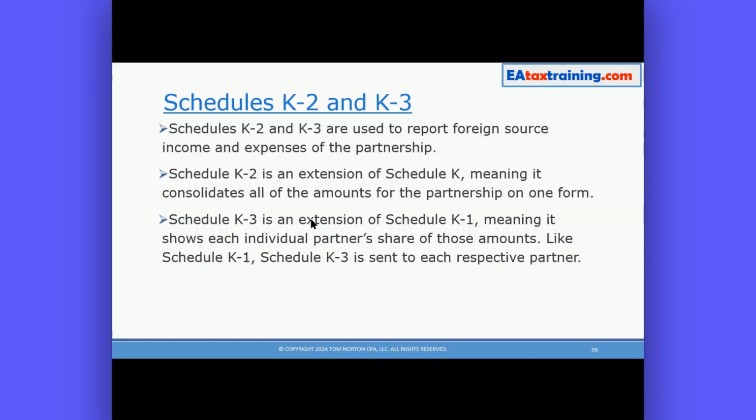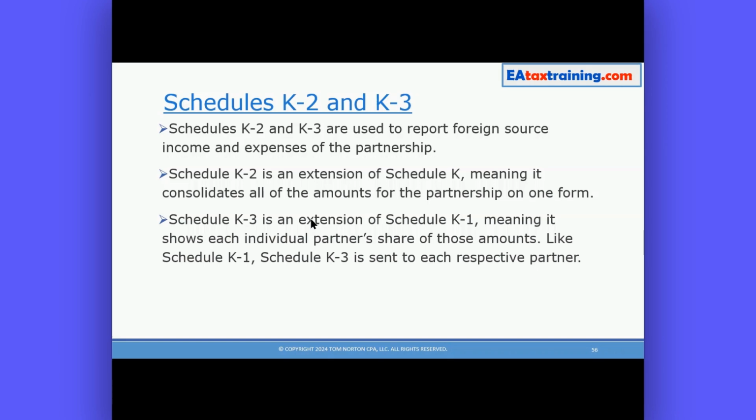Schedule K2 and K3 break out the foreign source income and expenses so they can be more easily seen. This goes back to the IRS being concerned that there is foreign income and expenses that is not being reported, and therefore they are not collecting the tax on. So they're trying to catch people who might be trying to hide assets overseas. That's what all of this is about.